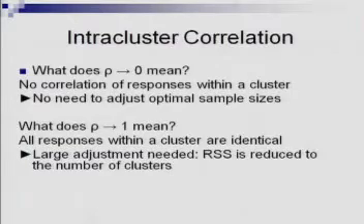What does rho going to 0 mean? That means there's no correlation, so we don't need to adjust optimal sample sizes. We're back to the model I presented earlier, essentially 15.68 times the standard deviation divided by the minimal detectable effect squared. We're back to that model when rho is 0.